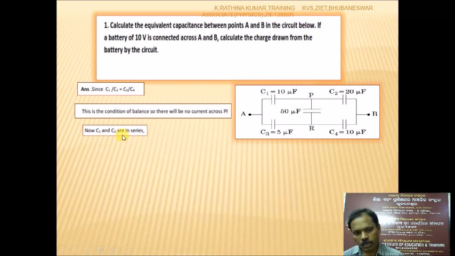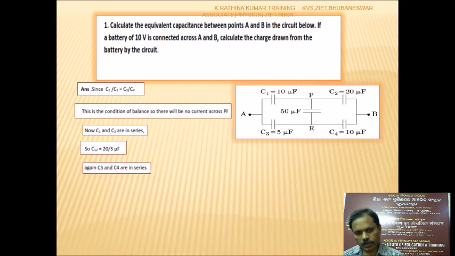Now C1 and C2 are in series, and this two will be in series. That is why the value C12 is equal to 20 by 3 microfarad. C1 is 10 and C2 is 20, so it is the reciprocal, 20 by 3 will come.